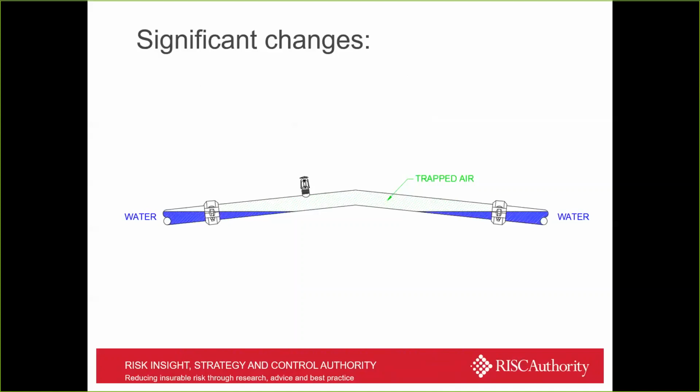For the range pipes where the fire operates the sprinkler head, then the air is undoubtedly going to be vented out of those range pipes through the open sprinkler heads. But as you will probably know, with the hydraulic calculations for gridded systems, all ranges on a gridded system are flowing water, and there's very often very little pressure difference between the front track and the back track, start and end of those range pipes.